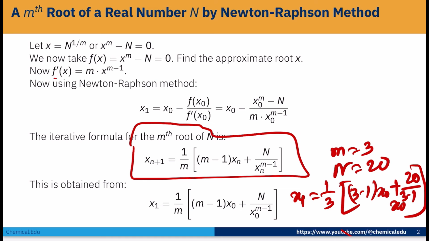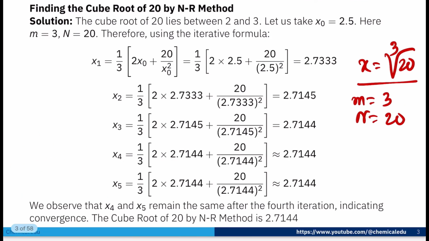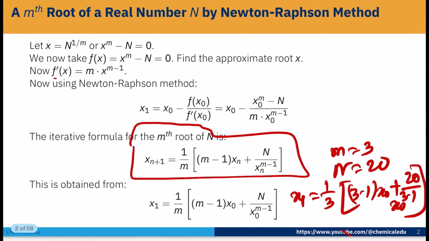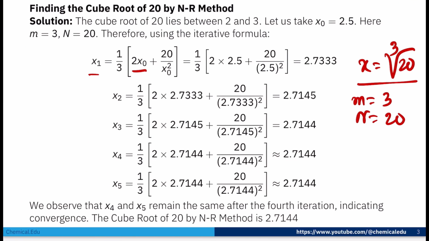So if I do that, I'll get 1 by 3 of 2 x0 plus 20 by x0 square. Now here x0, I am taking, let x0 be 2.5. Now we plug that x0 2.5 into 20 by 2.5 square, and we'll get 2.733.